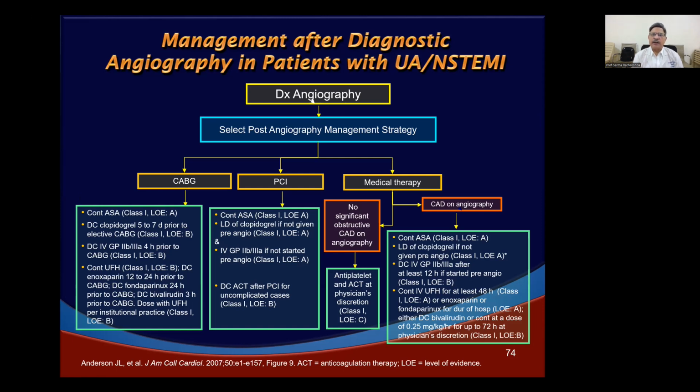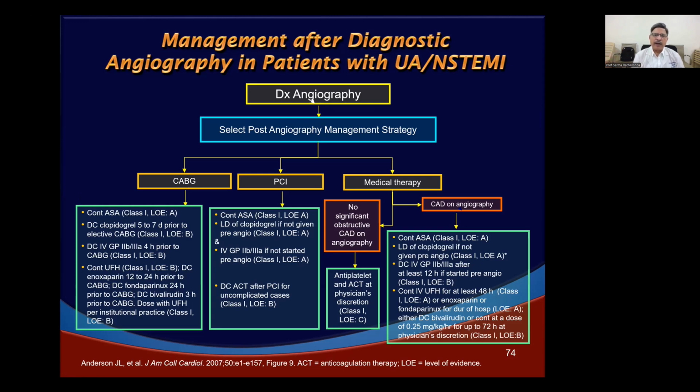Then what do I have to do? Continue aspirin, low dose clopidogrel, discontinue GP2B3A because I'm not going to do any procedure, and continue unfractionated heparin or conventional heparin. So this is the medical therapy with angiography without plasty.